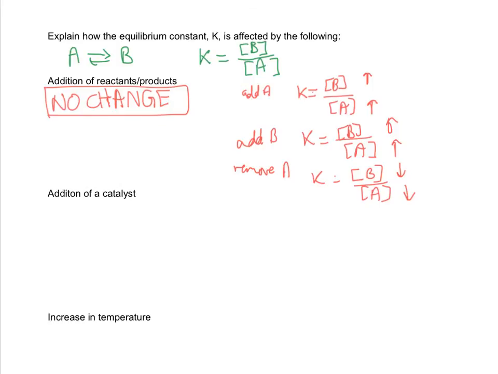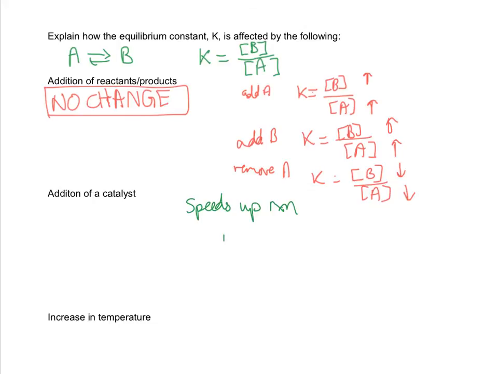Okay, let's look at a catalyst. If you were to add a catalyst, what does a catalyst do? A catalyst speeds up the reaction without getting consumed. That's the definition of a catalyst.